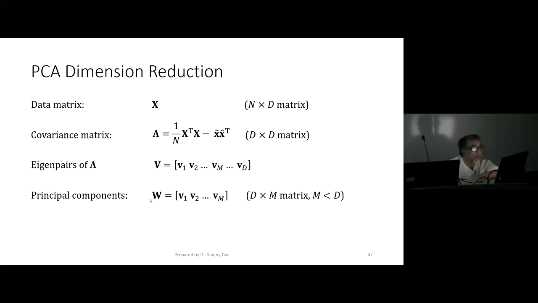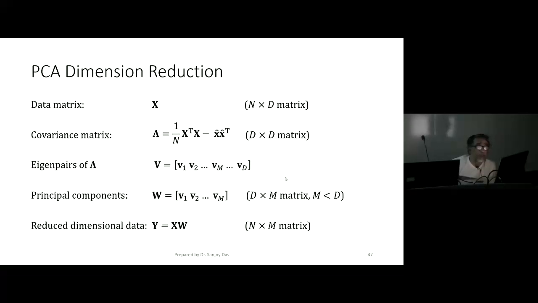This matrix W has as its columns the first M eigenvectors. So from V, I'm knocking off the last D minus M eigenvector columns, and then I get this matrix W. It's a D by M matrix.